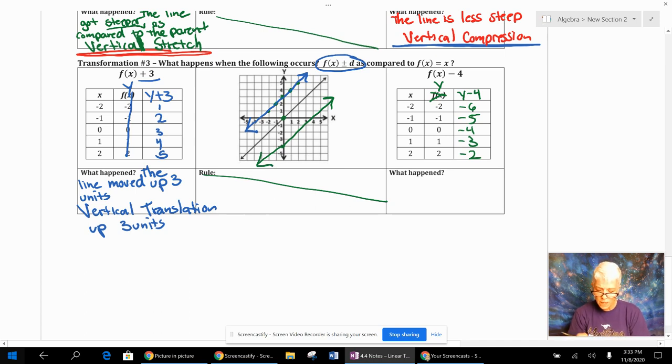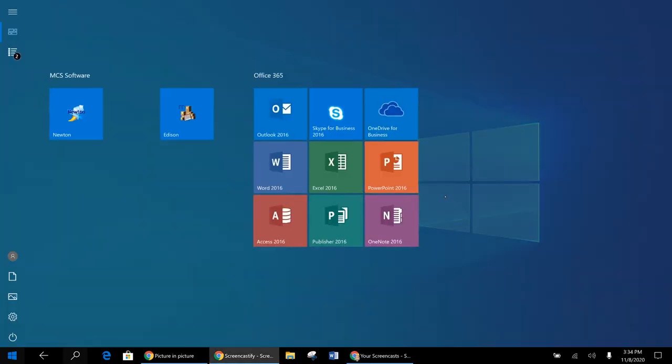So this example, it's a vertical because it's going up and down. It's important you remember the word vertical. It's a vertical translation. And it's not just a vertical translation, it's a vertical translation down 4 units.